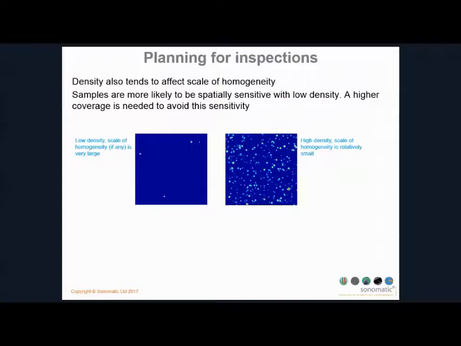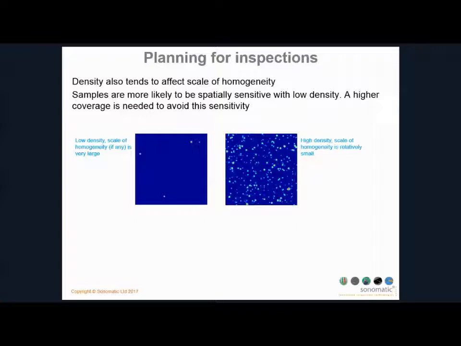The density also affects the scale of homogeneity. Where you've got a high density, generally speaking, like in the figure on the right, pretty much any reasonably small sample area that you look at is going to look largely like any other reasonably small sample area that you consider. You don't have to go to a very large size in order to get them to start looking similar.